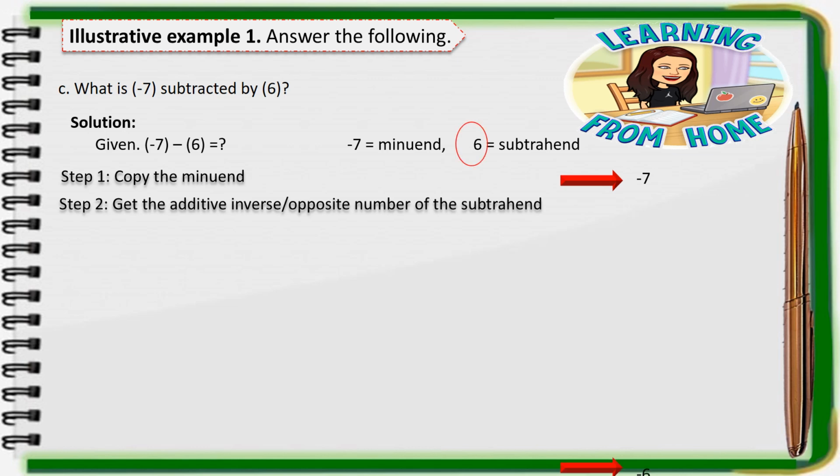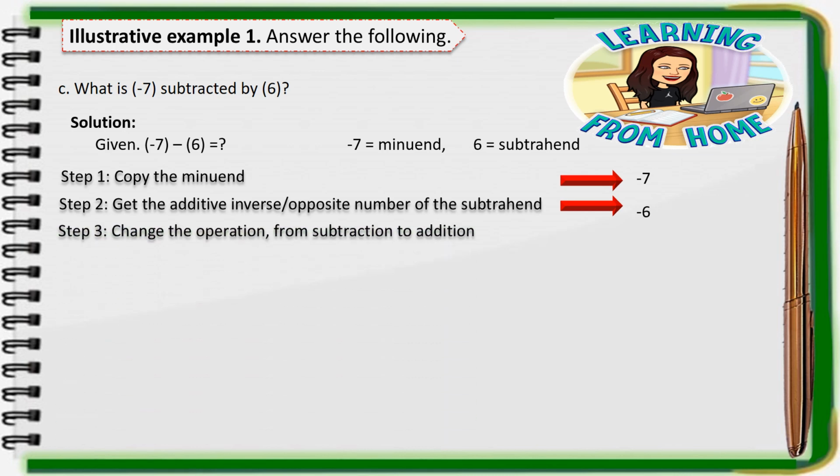So, from 6, magiging negative 6. At pagkatapos, change the operation. From subtraction, magiging addition. So, ang ating equation ngayon ay magiging negative 7 plus negative 6.